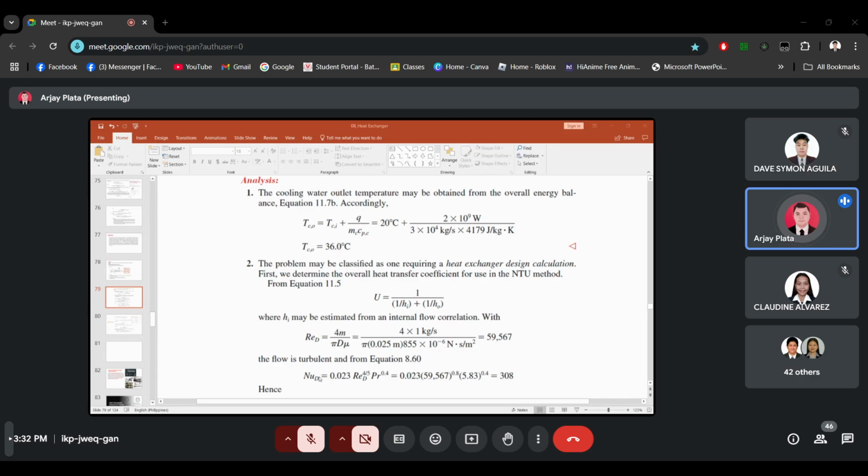So we have Nusselt number equals 0.023 times 59,567, the Reynolds number, raised to the 0.8, multiplied by the Prandtl number.